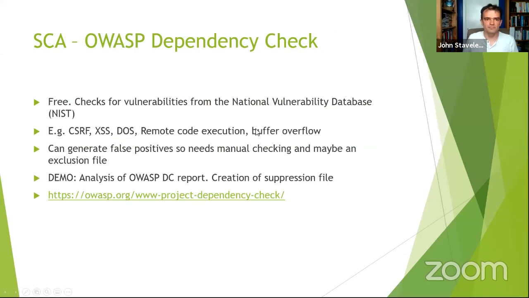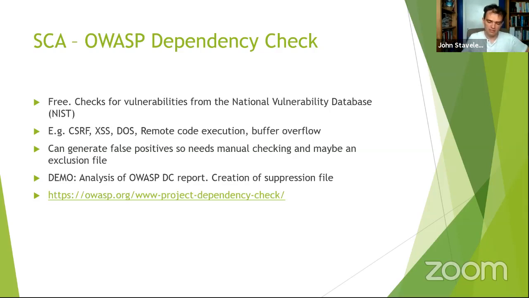So first up, OWASP Dependency Check. It's free. It's got a very good database. It takes all the vulnerabilities, so the National Vulnerability Database, or NIST, identifies all sorts of security problems with anything that you depend on in your code, not your code.